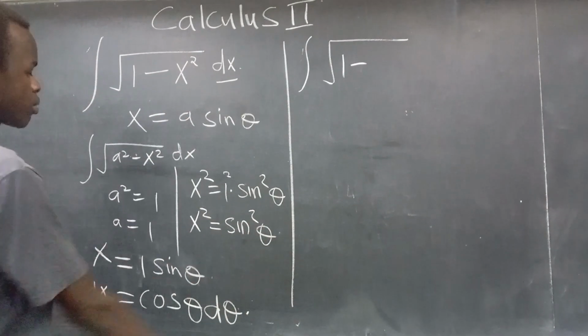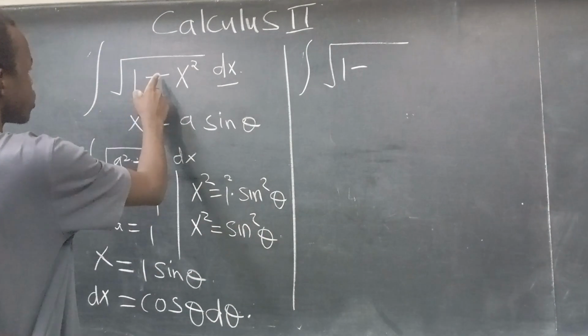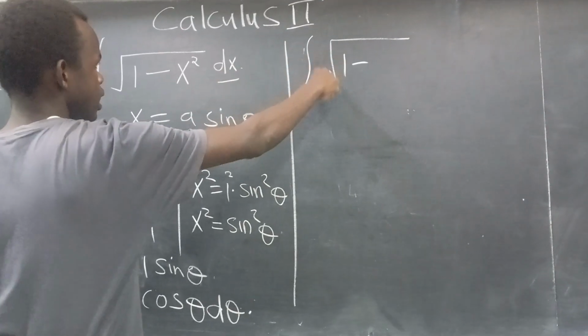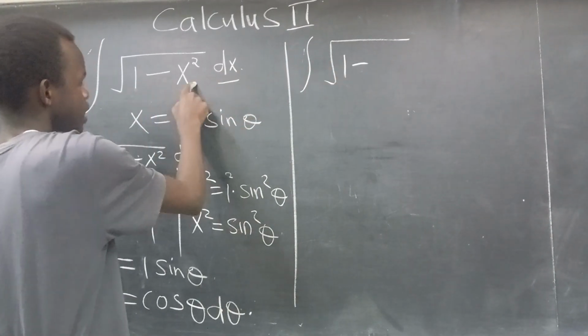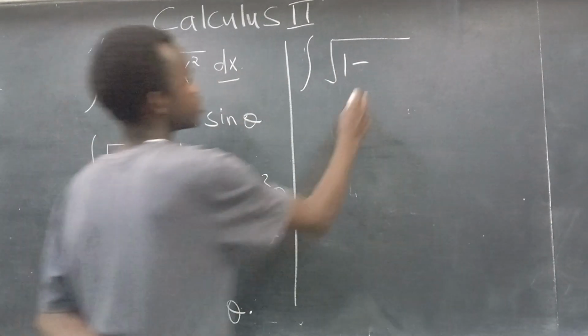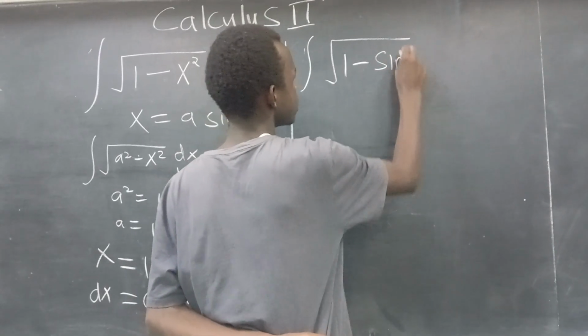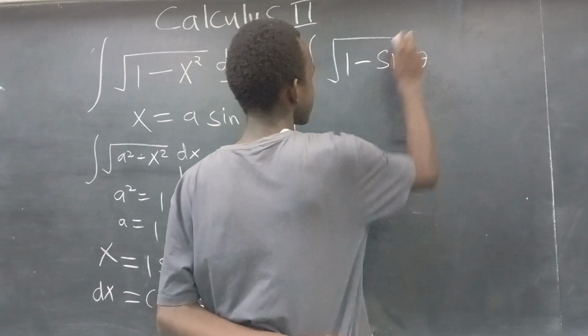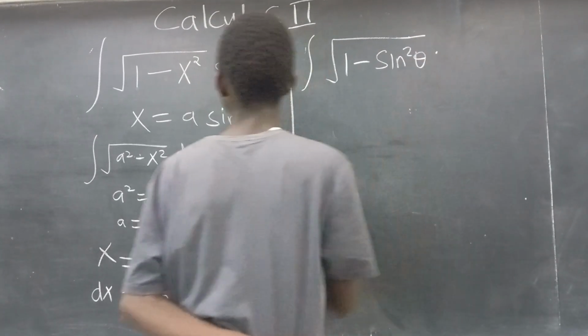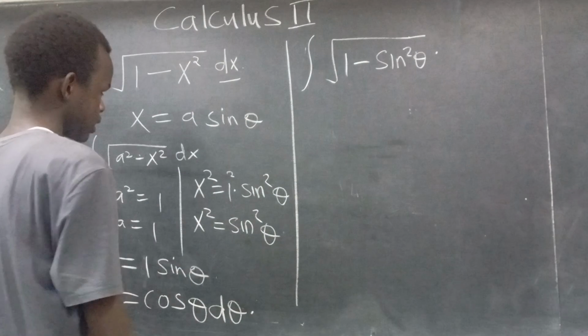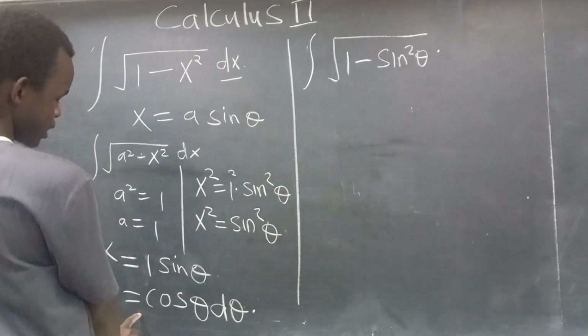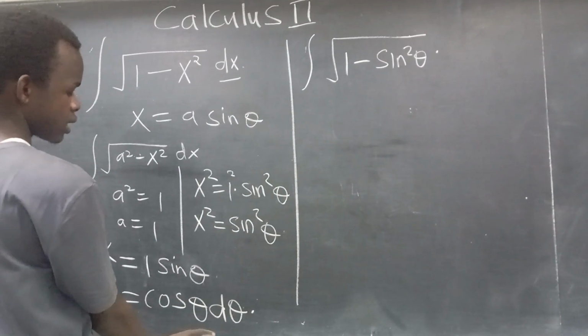Replacing all this information inside the integral, the integral of the root of 1 minus x squared will be 1 minus sine squared of theta, multiplied by my dx. What's my dx? My dx is cos theta d theta.